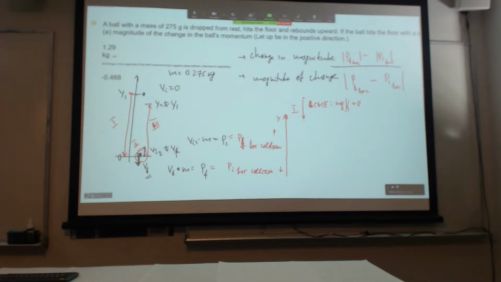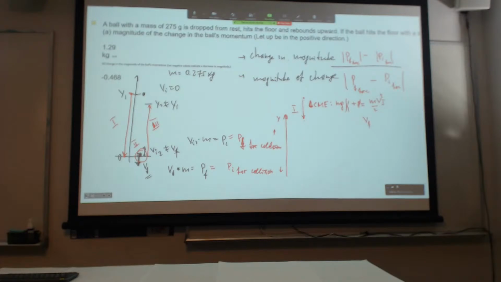No kinetic. And when it hits the ground, there's only kinetic. No potential. And this gives the final speed for the process number 1.